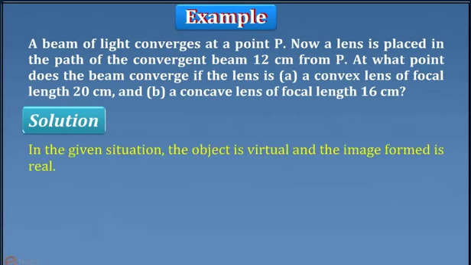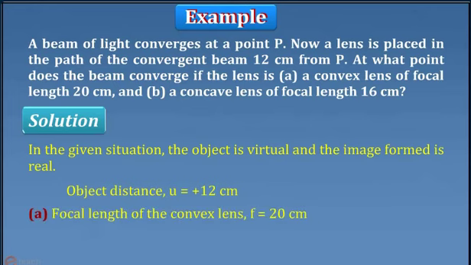In the given situation, the object is virtual and the image formed is real. Object distance u is equal to plus 12 centimeters. Let us take the case in which a convex lens is placed in between. Focal length of the convex lens f equals 20 centimeters.